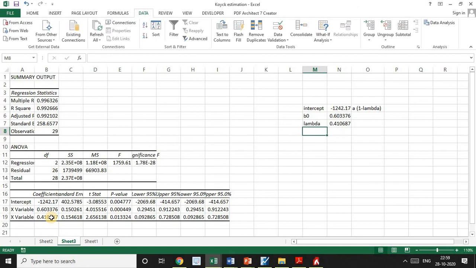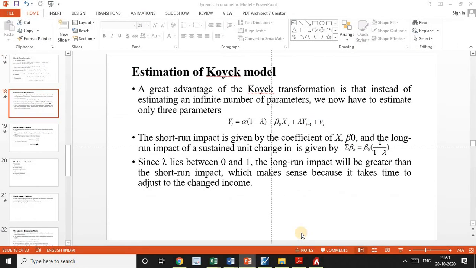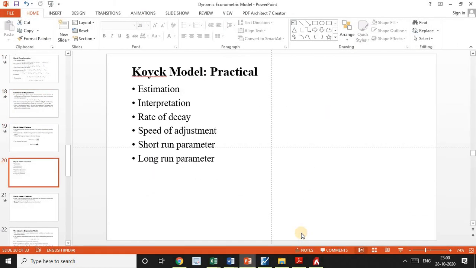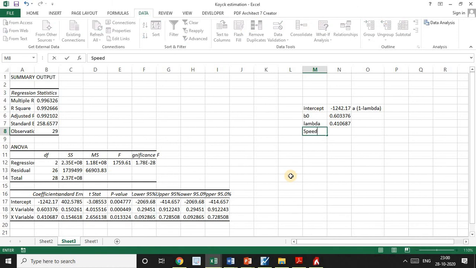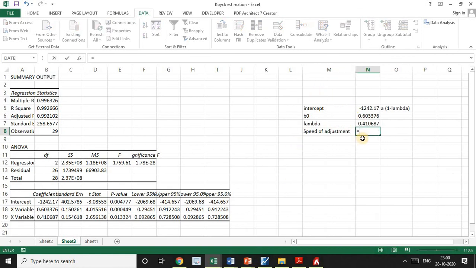This is what is called the rate of decline. So the rate of decline is 0.41. Then what will be the speed of adjustment? Speed of adjustment is equal to 1 minus lambda, 0.589 something.